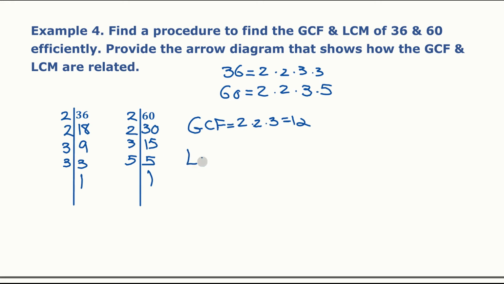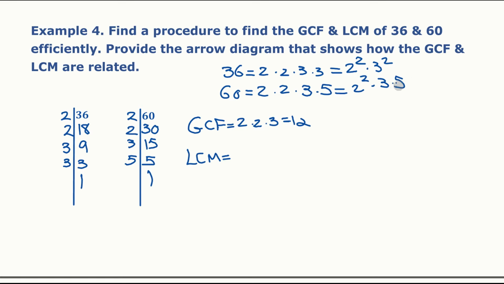All right. So now for the LCM, we know we're going to have a number large enough that can handle both of these numbers. So that's definitely going to need all of those factors in it, right? But it's basically going to need another 3 and then a 5 as well. So if we write these numbers in exponential form, we get 2 squared times 3 squared and 2 squared times 3 times 5.